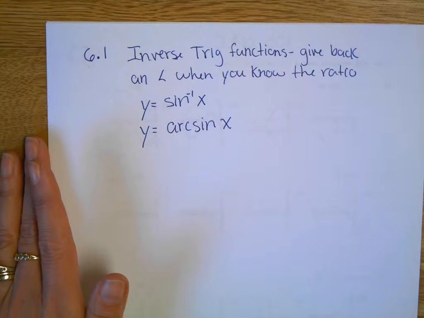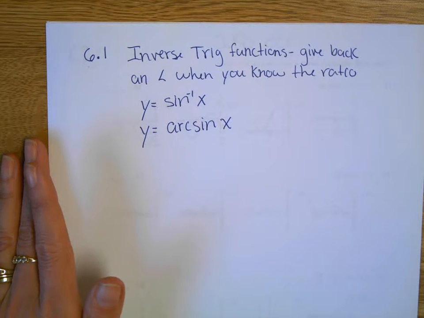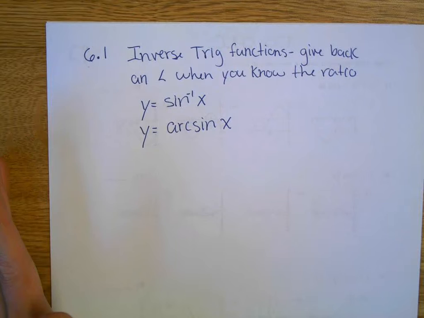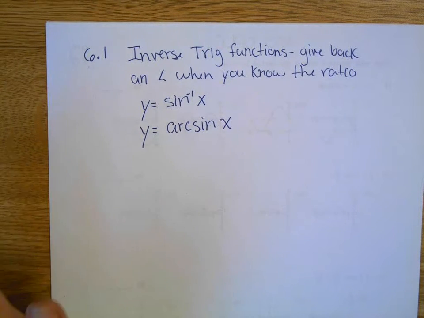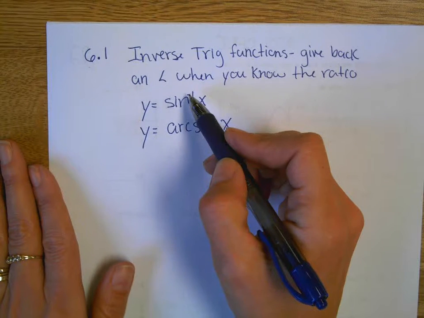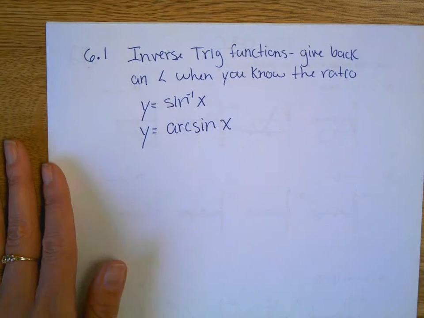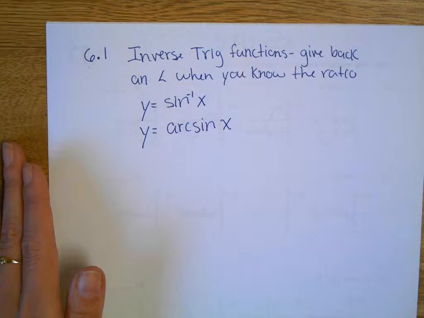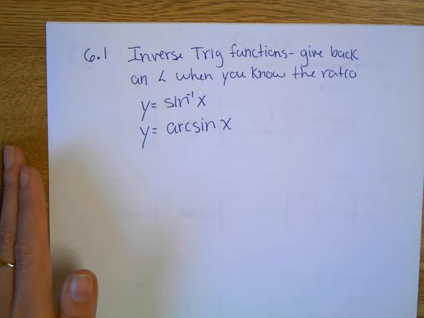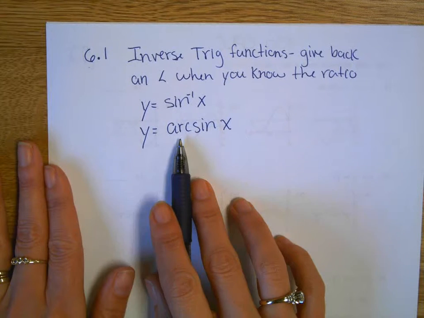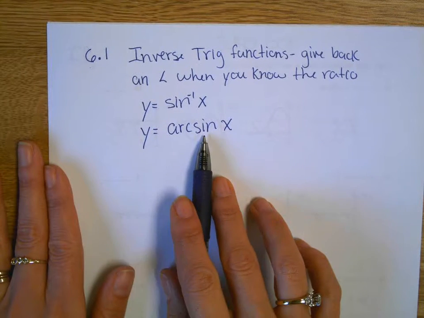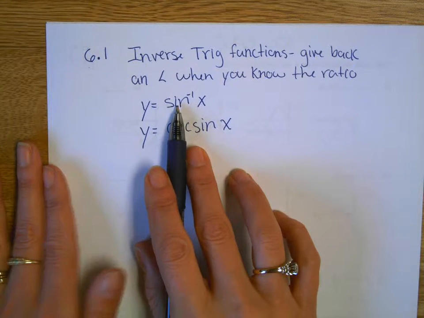Why do we need two things to say the same thing? I don't know. That's one class, that's why. Maybe, I think it's because back in the day they couldn't do these superscript things. They didn't have computers. You had the typewriter. I think it was a way to avoid having to get that raised up in the air. So the book will use arc sine, arc tangent. So when you see that, it's the same thing.